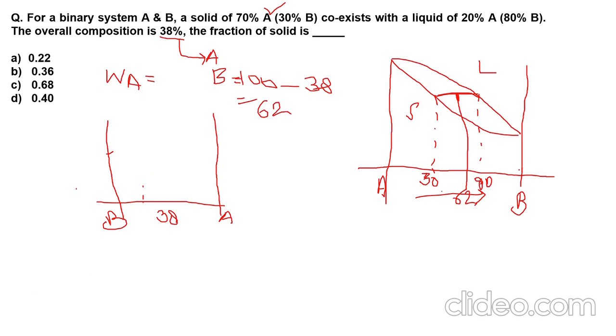The main thing in your phase diagram is always how you draw the diagram. Once you are done with drawing the diagram, then you can easily calculate anything. But from the problem you have to draw the diagram, that is important. So now we can say this is our 70% A, this is our 20% of A.